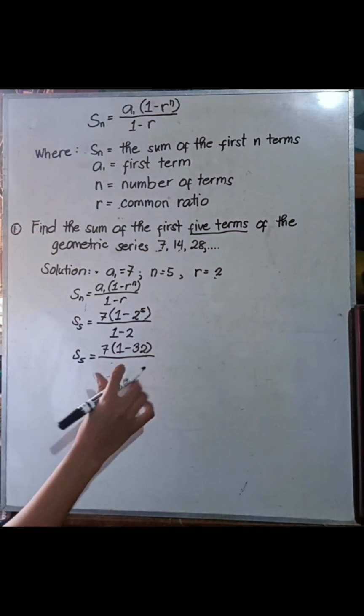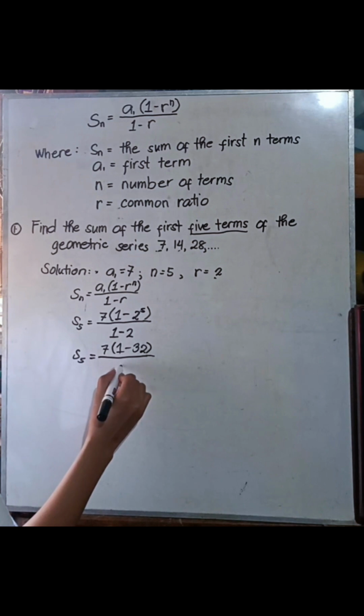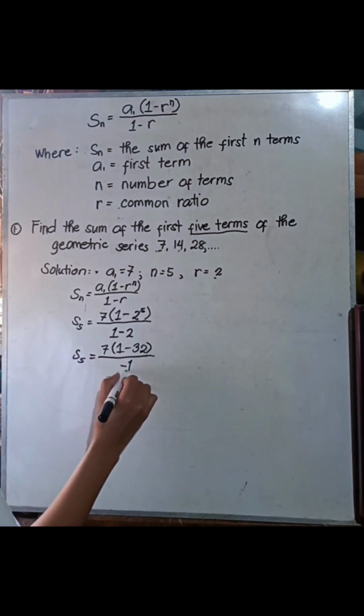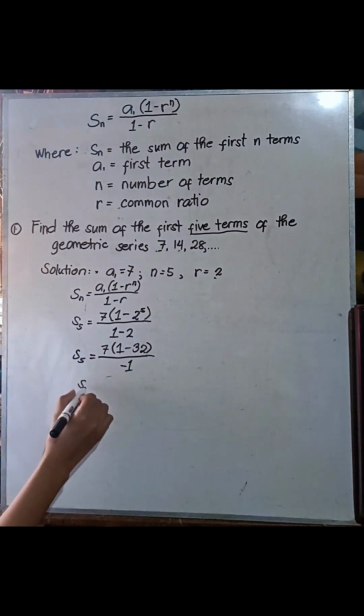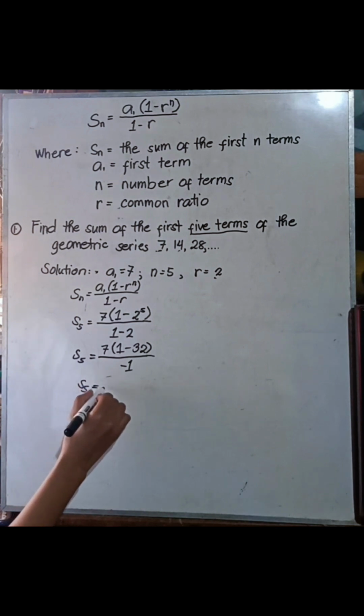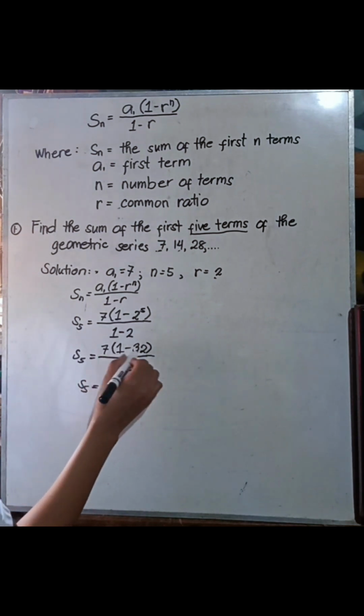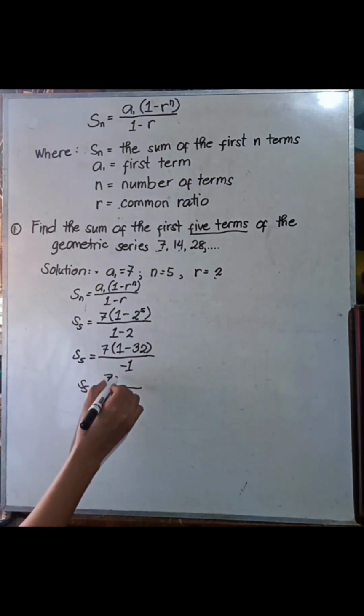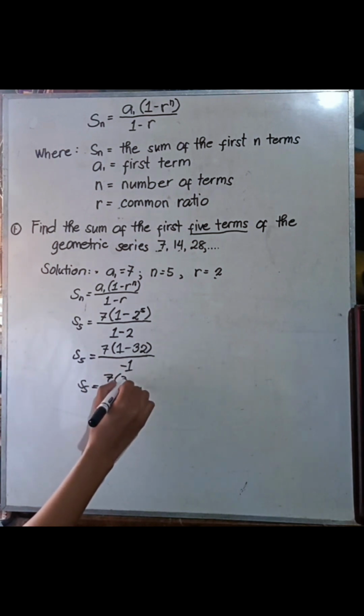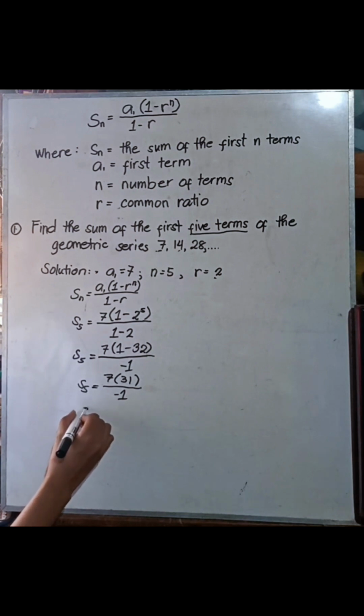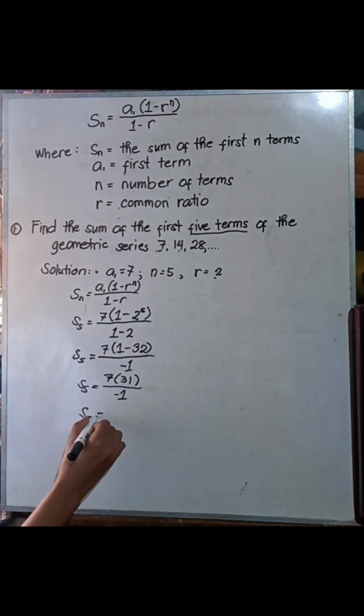One minus 2 is equals to negative 1. So S sub 5 is equals to 1 minus 32, 7 times 31, negative 1 over. S sub 5 is equals to 7 times 31.